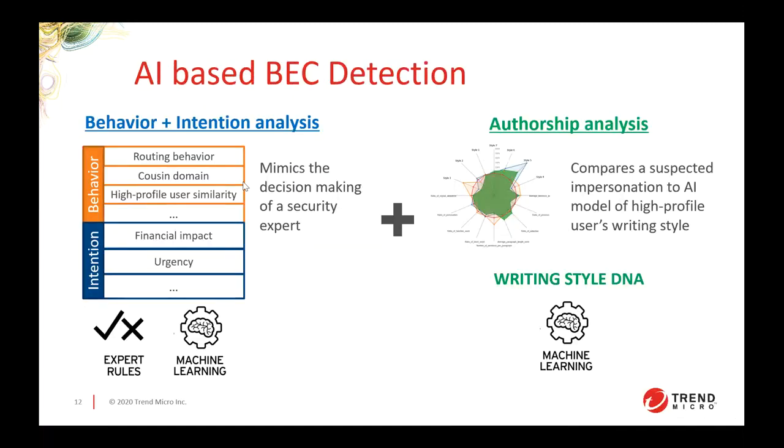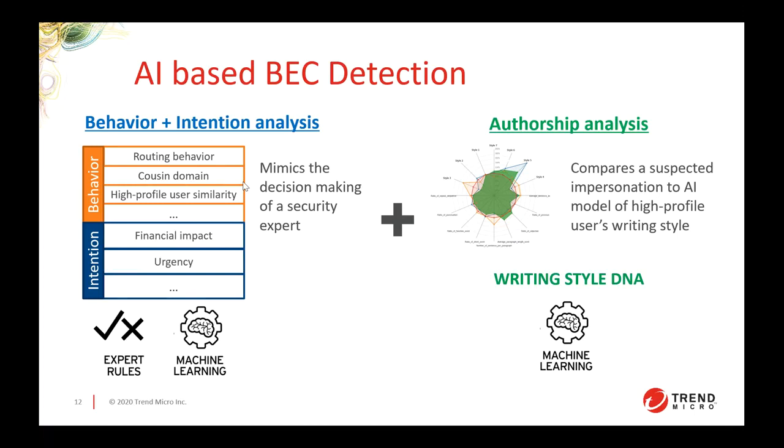So, AI-based business email compromise detection. How are we detecting business email compromise, which is also known as impersonation attacks? Behavior plus intention analysis. We will check the intention of the content by looking at the message, the mail header, the mail body, the mail subject, and all the things.